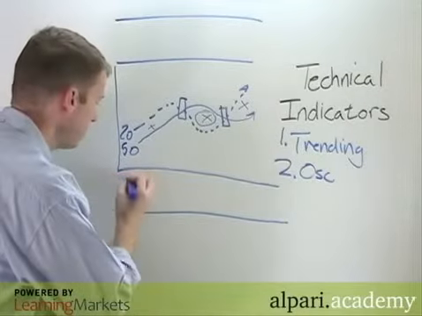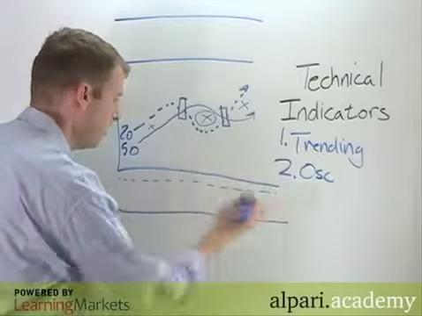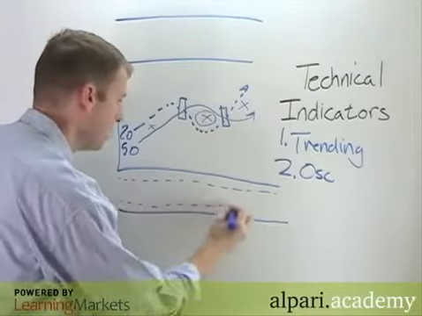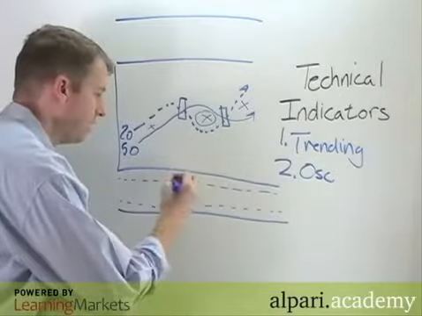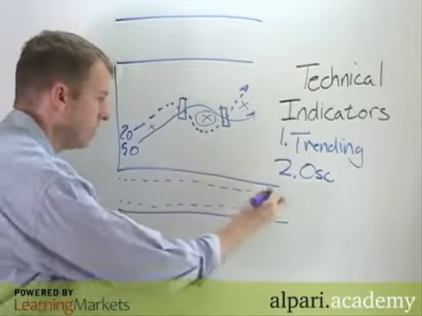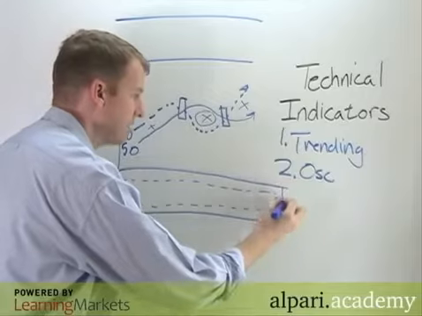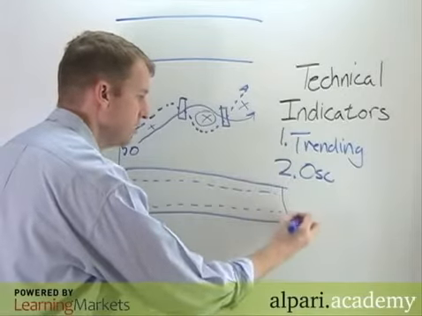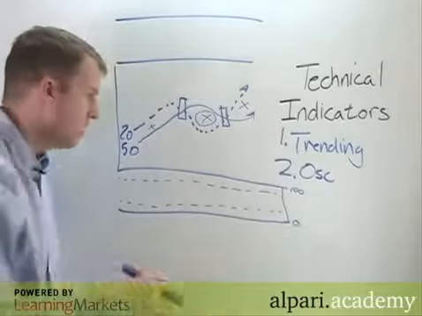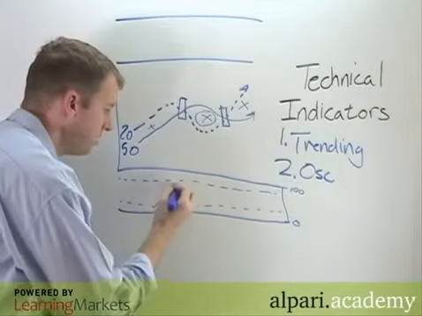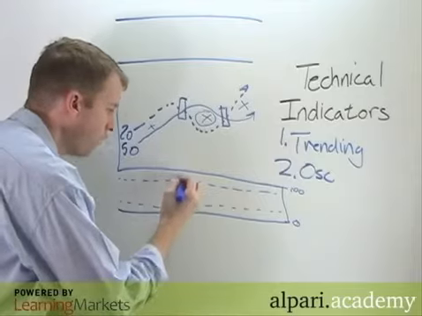Now, in some shape or another, most oscillators will have an upper and lower no man's land, if you will. In other words, they'll have a point up here above a certain level. It's very common to see oscillators moving from 0 to 100, and what they're looking at is price movement over time. These things will move up into overbought territory.